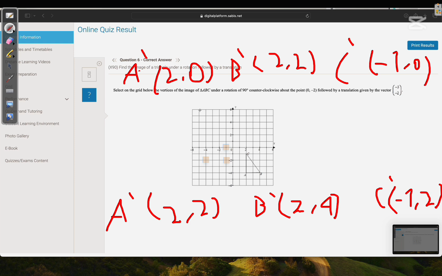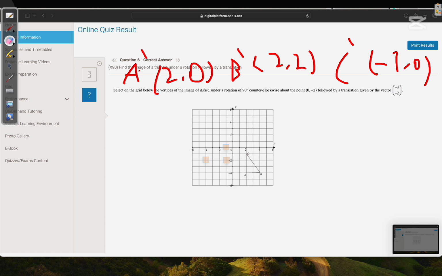And now we need to add the translation. So A prime prime, to do the translation we're gonna have to add -3 to x and -2 to y.